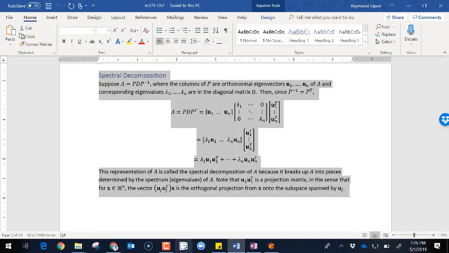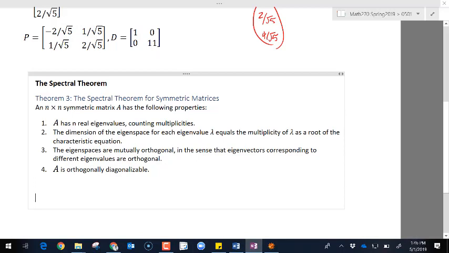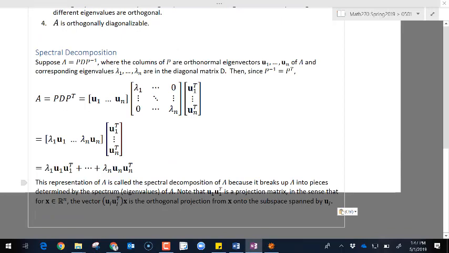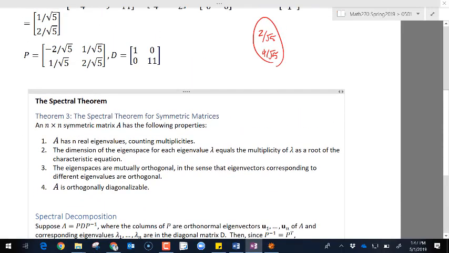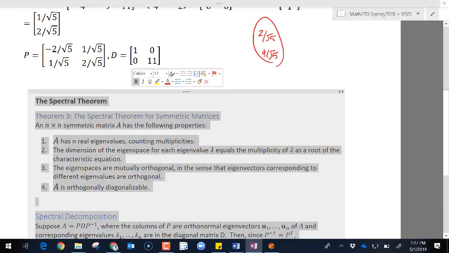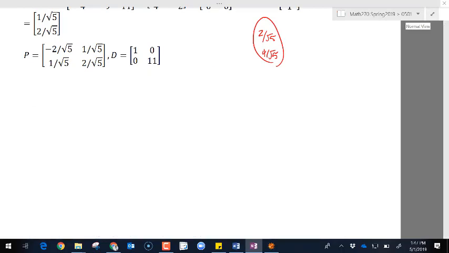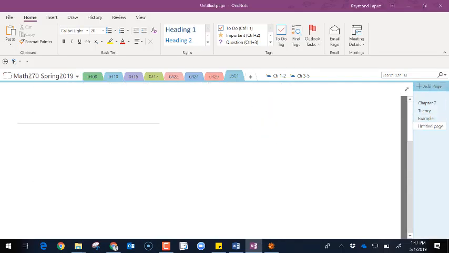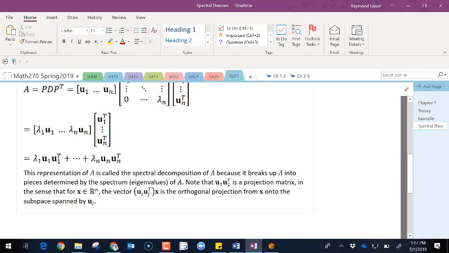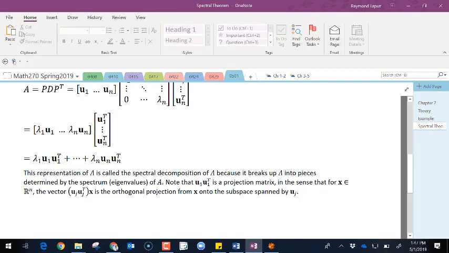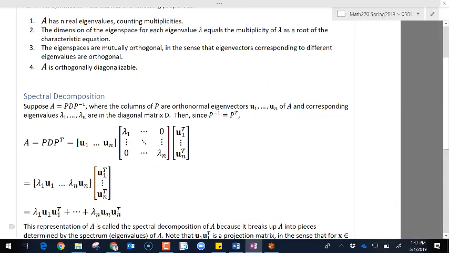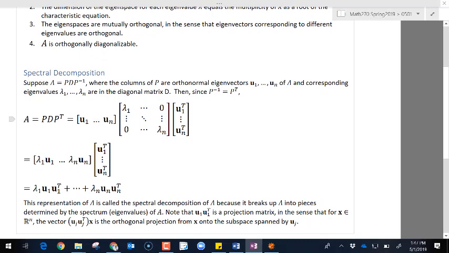Whenever we talk about decomposition, remember it's rewriting the matrix, ooh, it's not going to fit. Let's put it on a new page. Sorry. So whenever we talk about decomposition, we're talking about rewriting your matrix as a product or a sum or whatever. In this case, it's a linear combination of things.